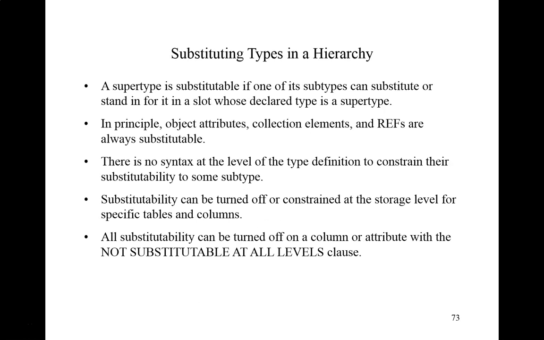You can turn off all substitutability on a column or attribute, including embedded attributes and nested collections, while creating a table. This is accomplished by using the clause "not substitutable" at all levels when you create a table. This turns off all column or attribute substitutability, including embedded attributes and collections nested to any level.